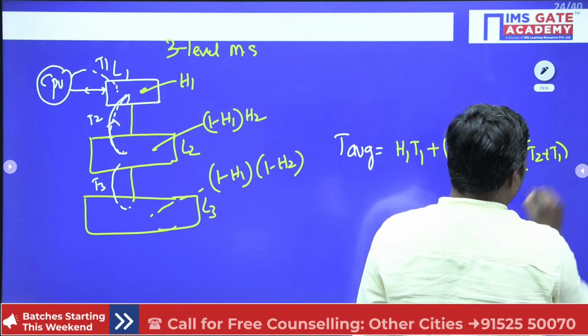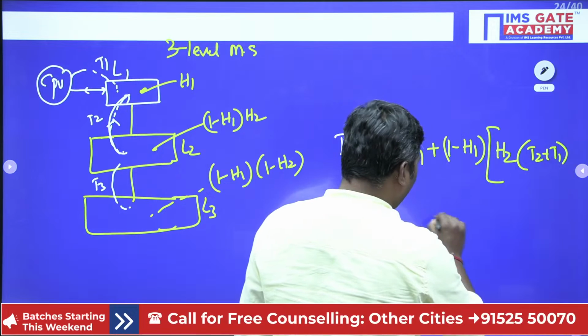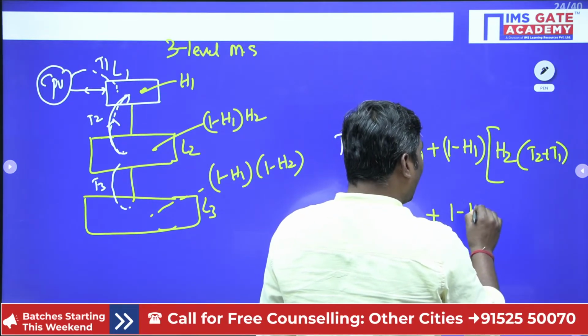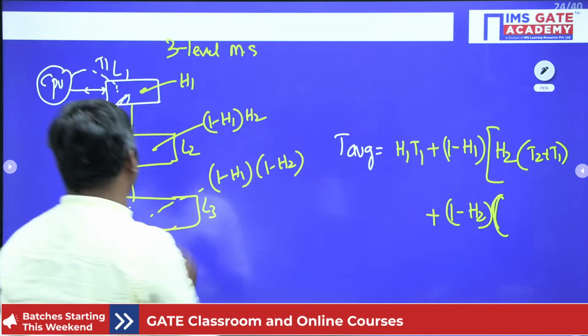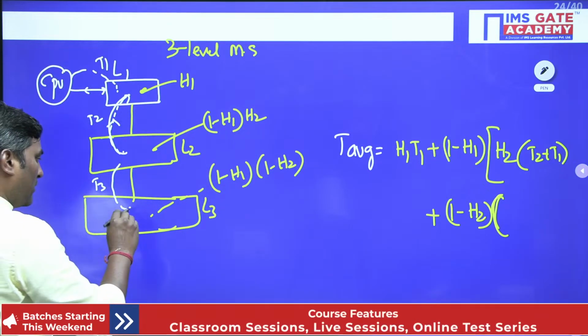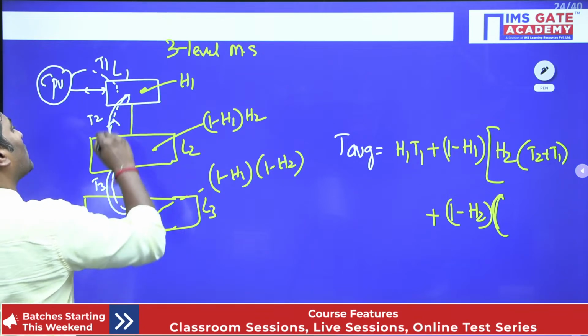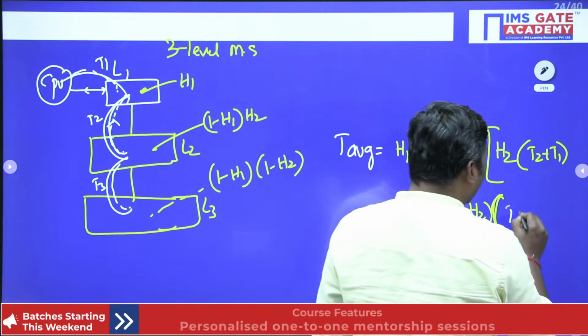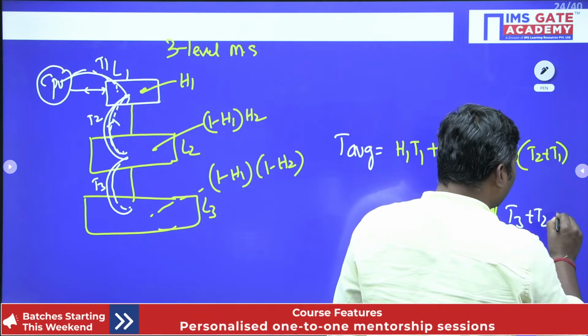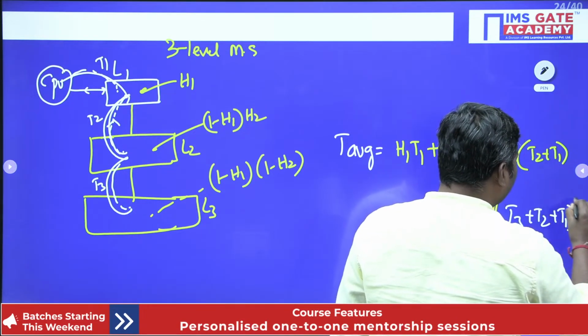Yes or no? Yes. Plus, if a miss occurs in level 2, then what to do? From level 3 to level 2 you have to transfer, level 2 to level 1 you have to transfer and give to the CPU. So level 3 to level 2, T3 time required, then T2 time, then plus T1. This is the expression.